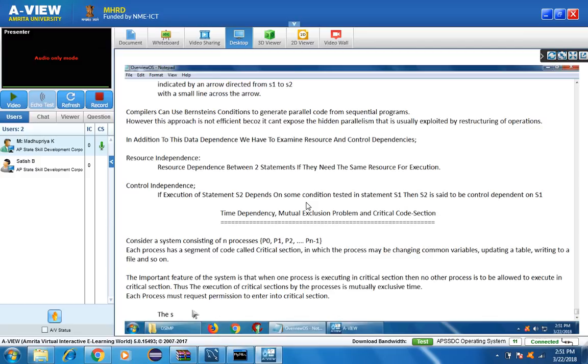And the other important thing that you find is, the section of code implementing this request is the entry section.